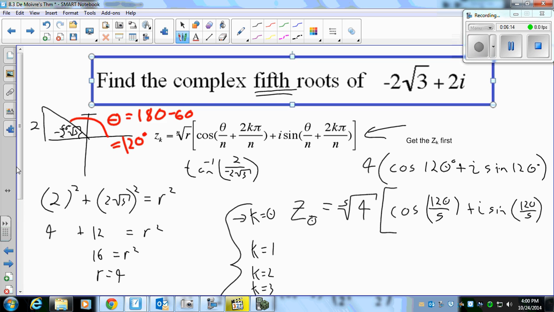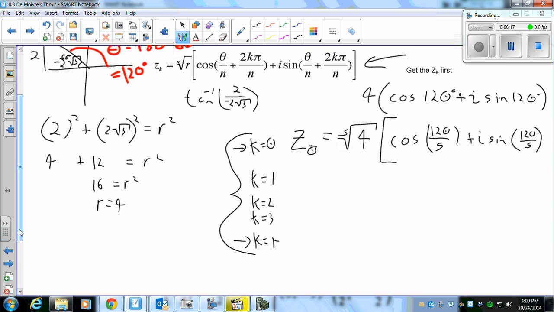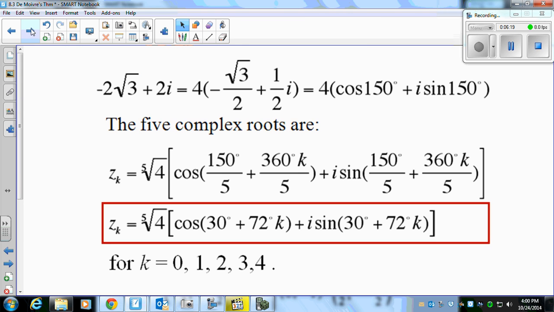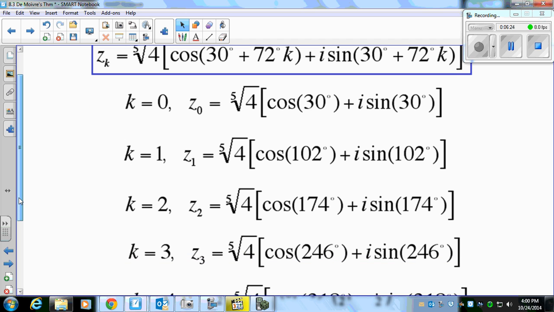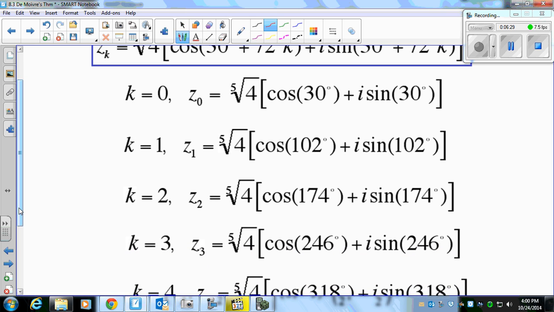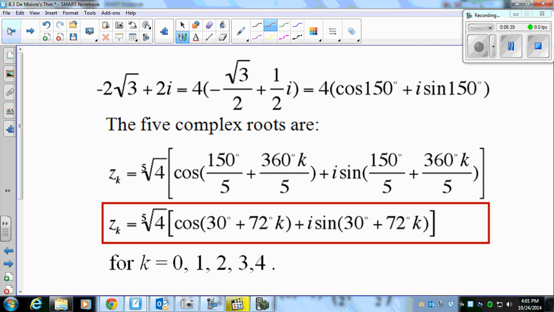From here, the other ones are going to follow suit, and they're going to look something like this. So you have your 5 different roots here: cosine of 30, then 102. Notice that each time you're increasing by 72 degrees, because from your equation, you did 360 divided by 5, taking that full circle and dividing it into 5 equal parts.